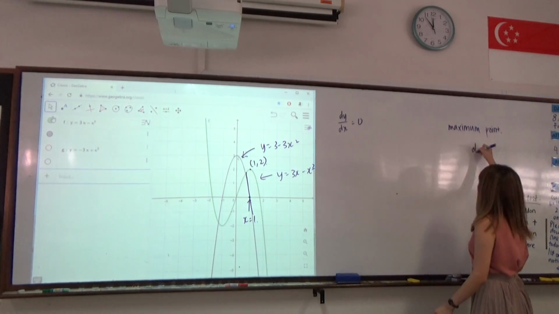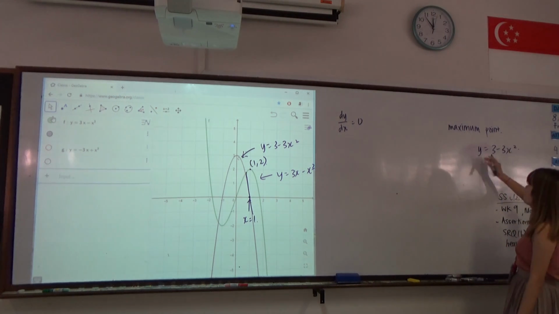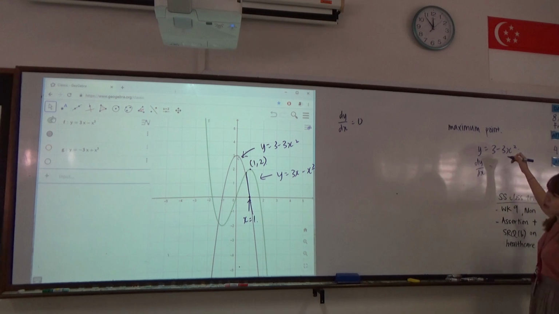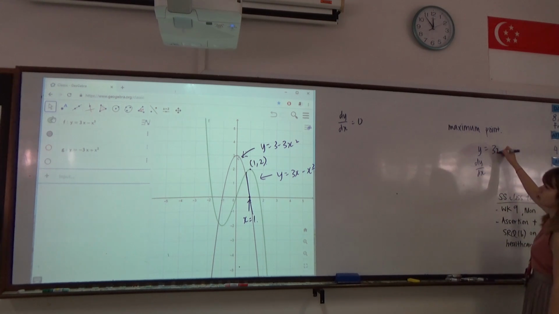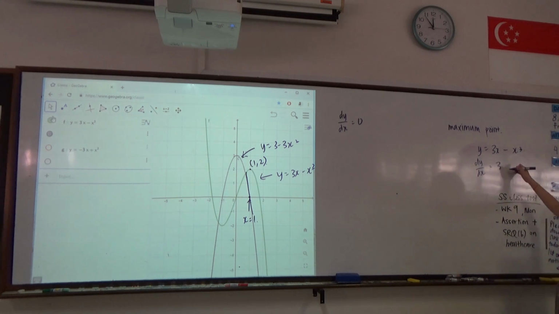So y equals 3x minus x cubed, and our differentiation is 3 minus 3x squared. Your second derivative, the notation that we will use, will be d2y/dx squared. It is a notation defined by some great mathematician, not something that I decided on. Differentiating this again, you get negative 6x.